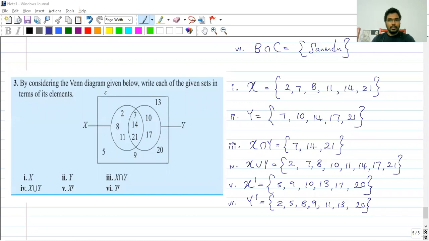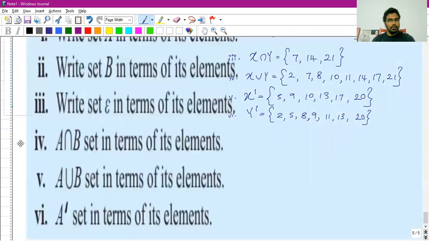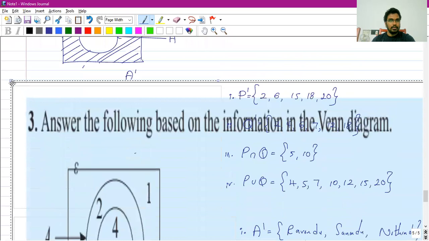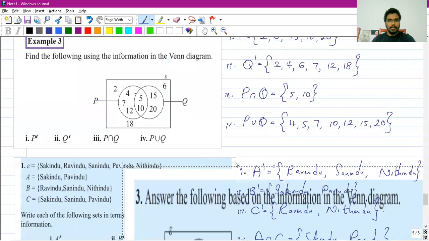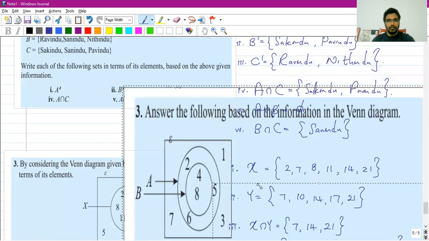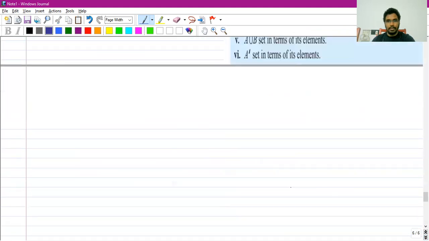Okay, so in the miscellaneous exercise, shall we do the third question? It will be the last question we are doing. So shall we take a new page?